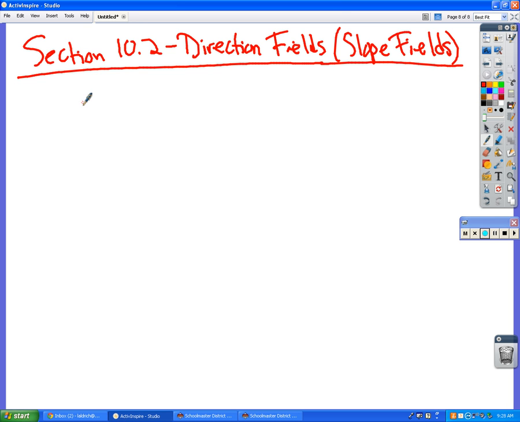So we're going to start with y prime equals x plus y. And we also know that the point 0, 1 is on the graph. Okay? So if we wanted to come up with a solution to this, like a month ago or whenever we were doing these, you would take the antiderivative, right?